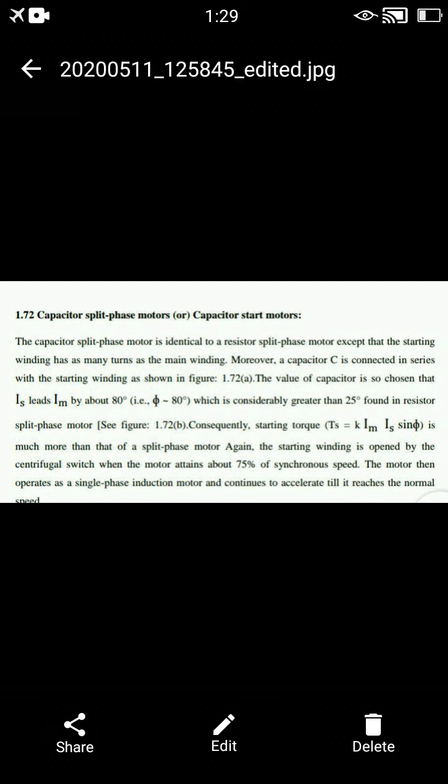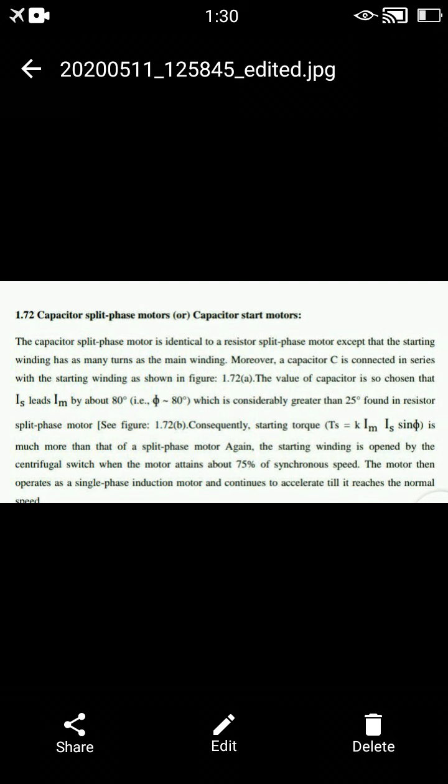The torque produced is K into Im, the main winding current, into Is, the starting winding current, into sine phi, where phi is equal to 80 degrees, which is much more than in the resistance split phase induction motor.